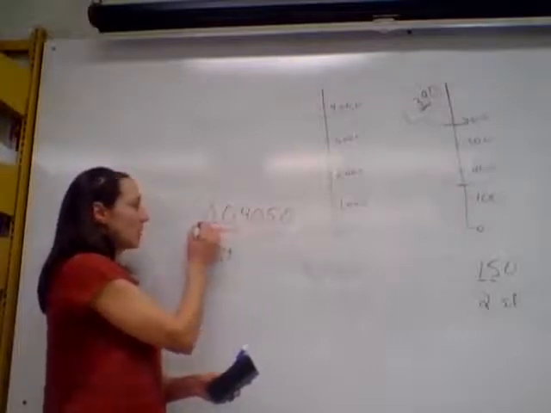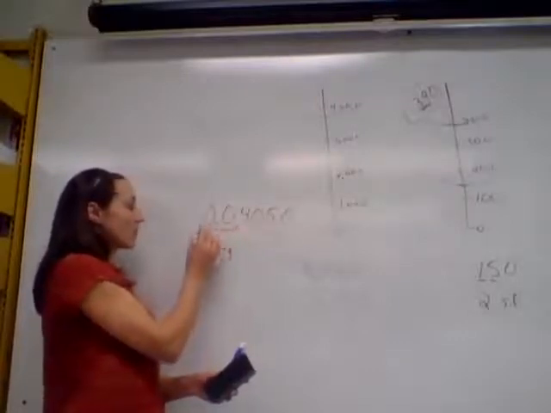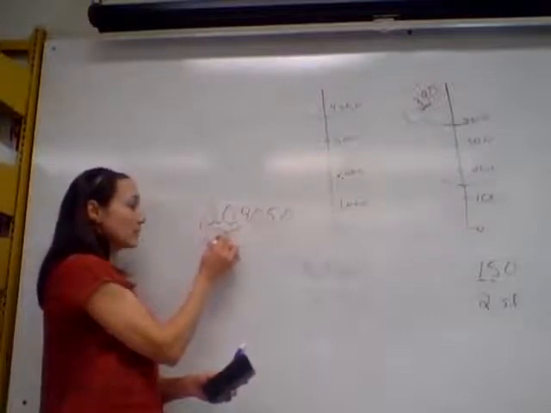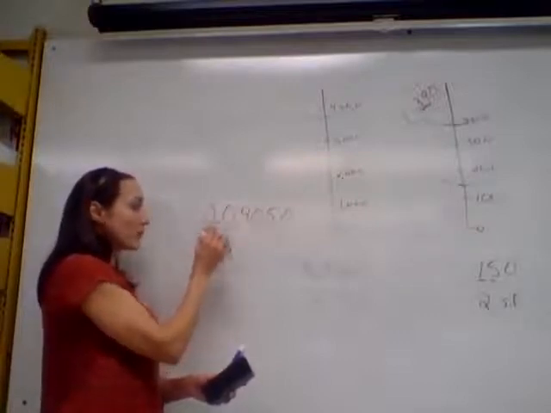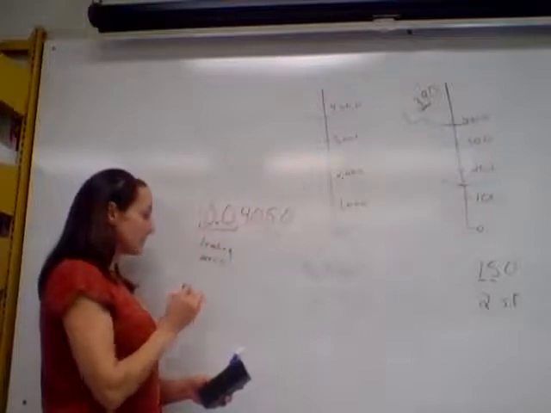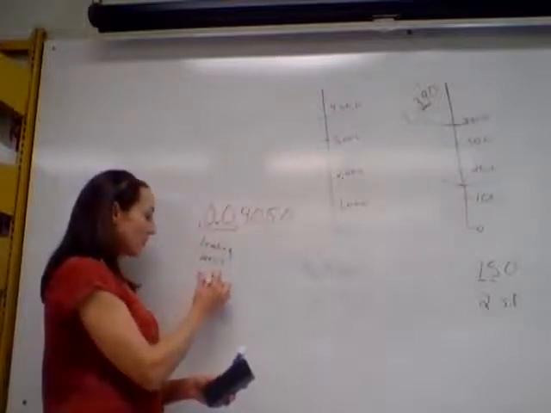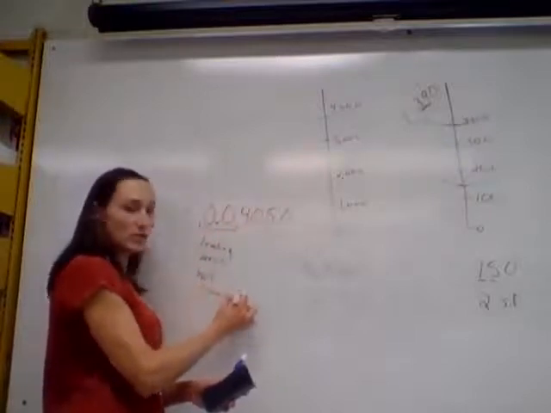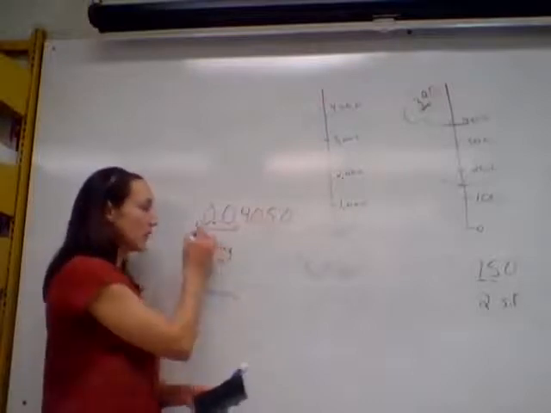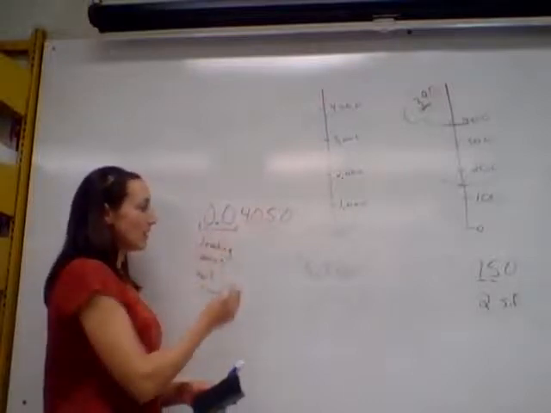Whether they're before the decimal point or after, any zeros before you get to the first non-zero are called leading zeros, and those are not counted towards our significant figure total. So do not count these towards my significant figures.